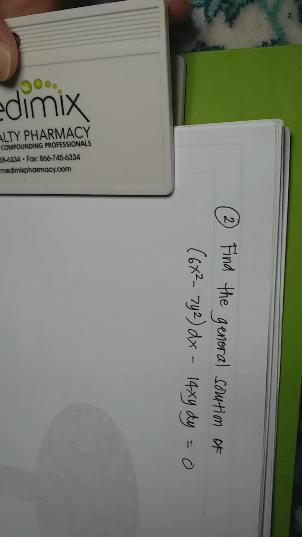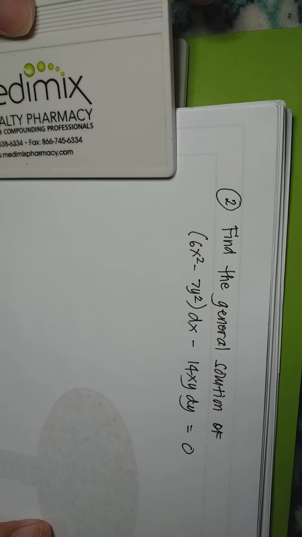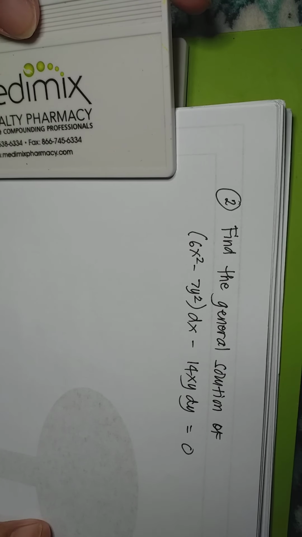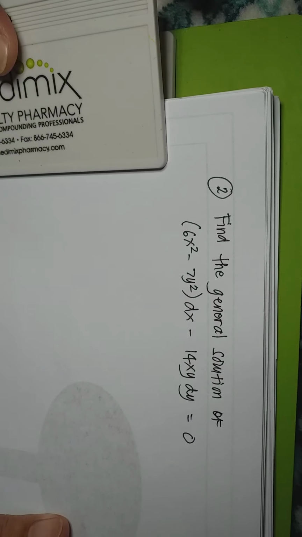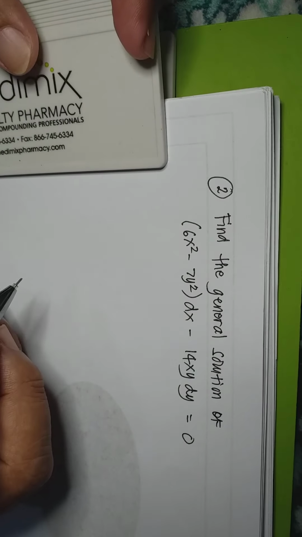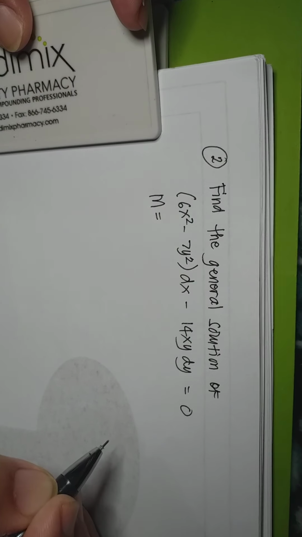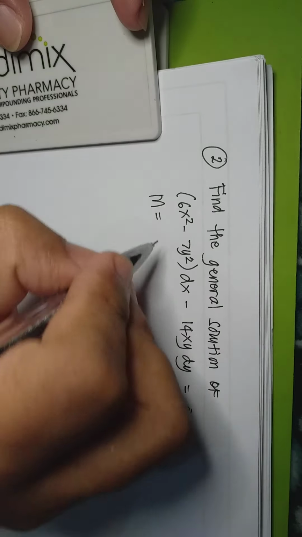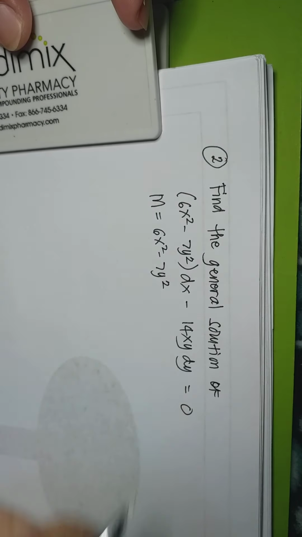Let us now have problem number 2 of homogeneous differential equation. Find the general solution of the quantity (6x squared minus 7y squared) dx minus 14xy dy is equal to 0. Again, we have to determine the value of M and N. So M is always with dx, so we have 6x squared minus 7y squared.